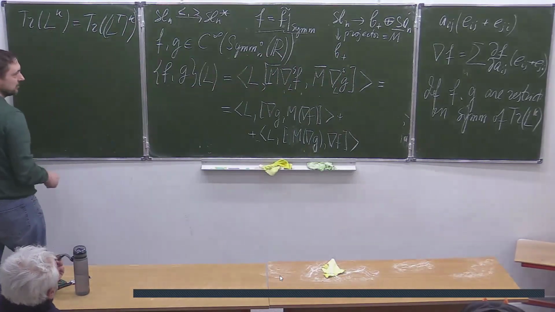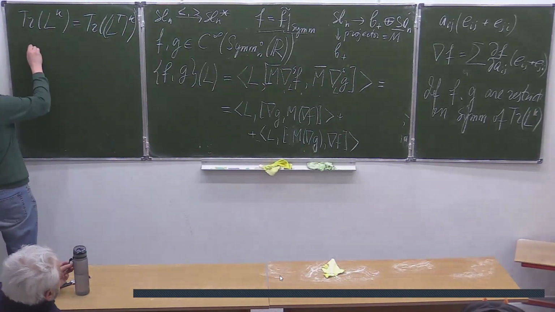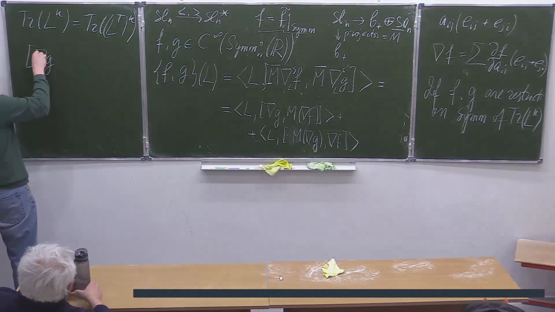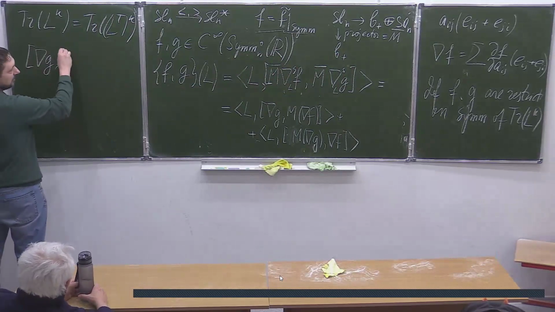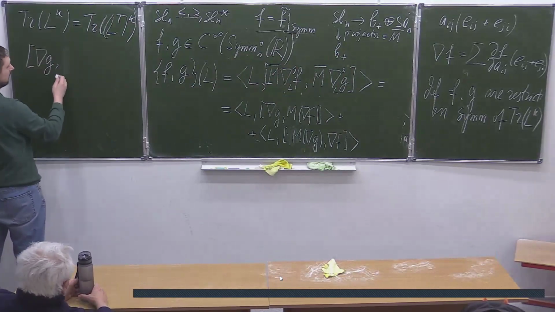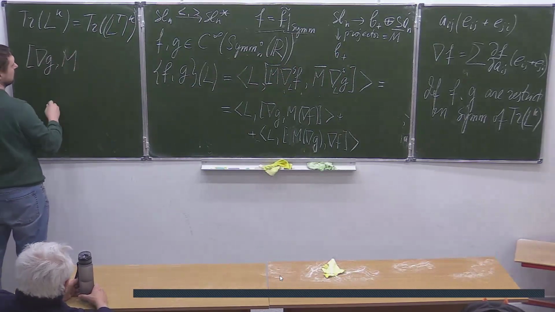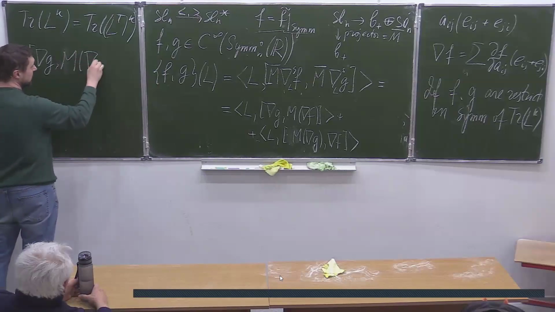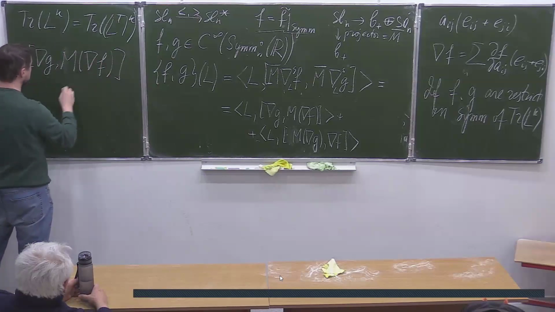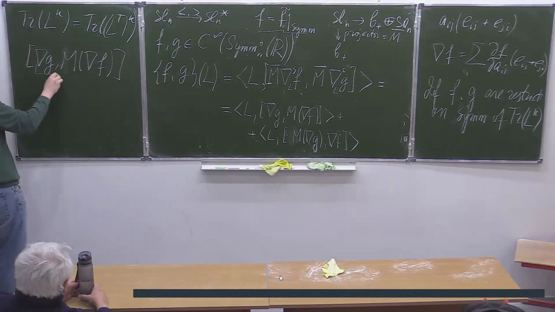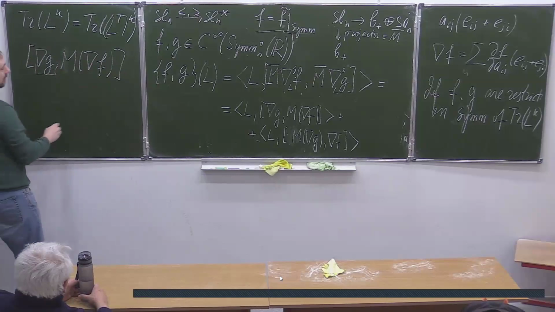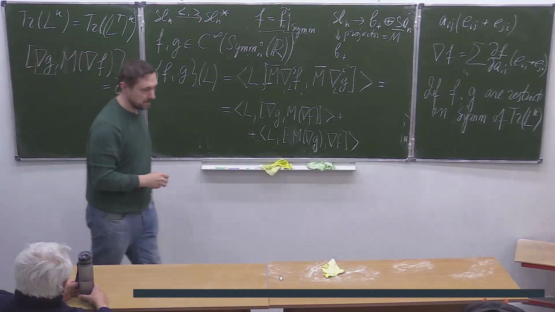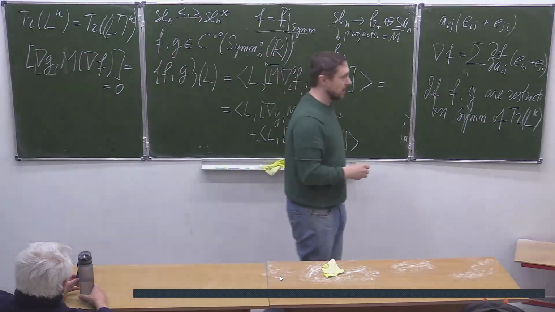On the other hand, if this is the usual gradient of G, and G is invariant with respect to conjugations by anything, then this is equal to 0, independently of f.